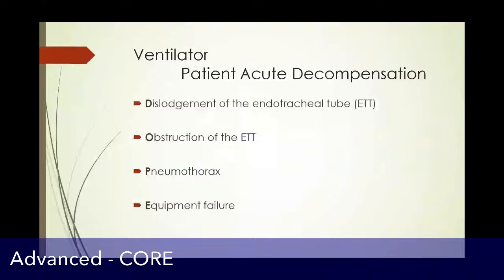Is it pulled back? Is it in the right place? You can take a look and replace it if it's dislodged. O, is there an obstruction of the ET tube? Is there a mucus plug or something else obstructing the ET tube?